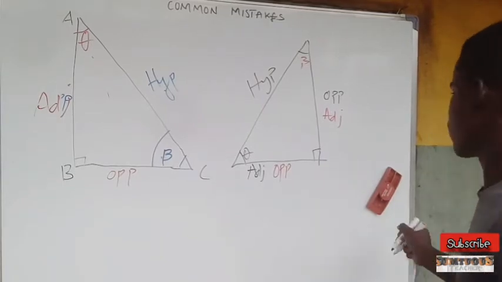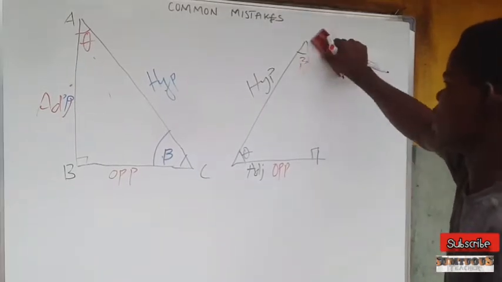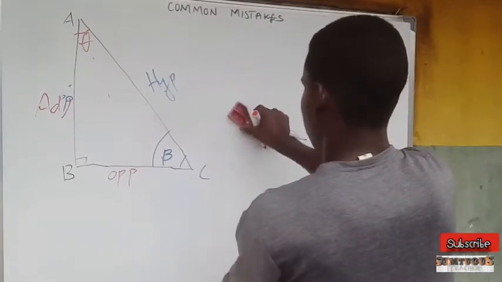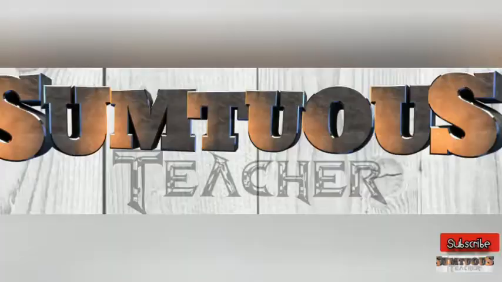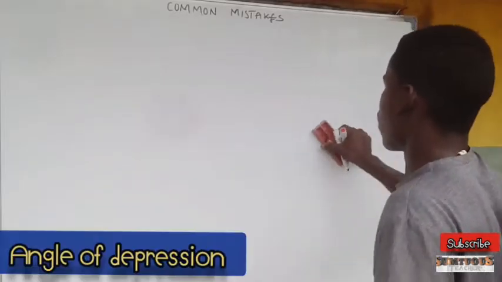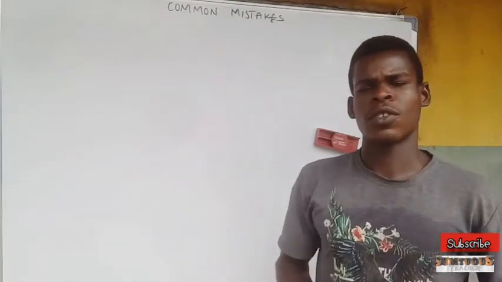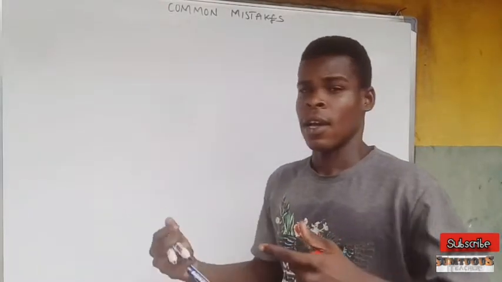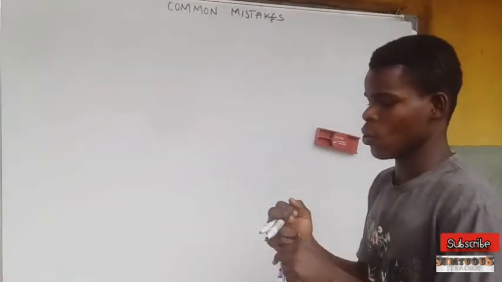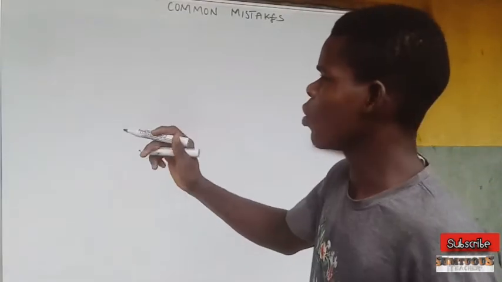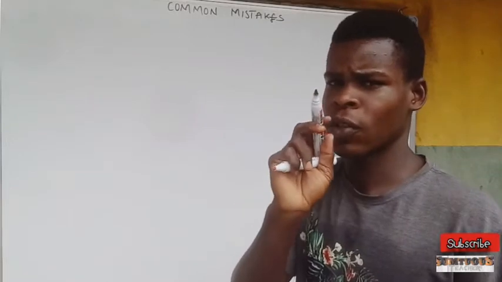The next mistake we'll be considering under the trigonometric questions would be the angle of depression. Yeah, that's part of bearing. Now, you have a question. They ask you for the angle of depression from the top of a tower.